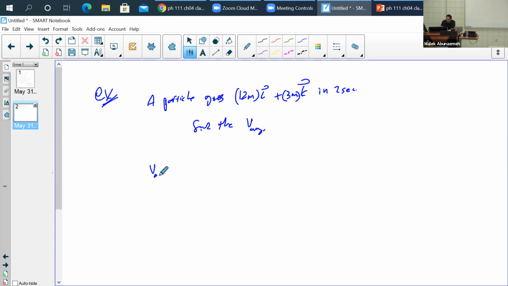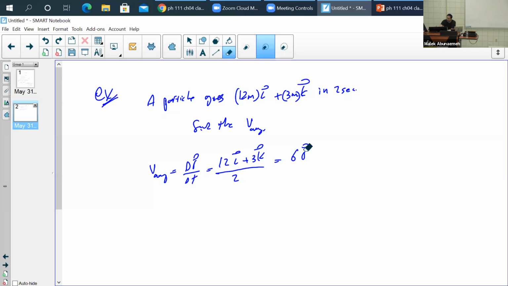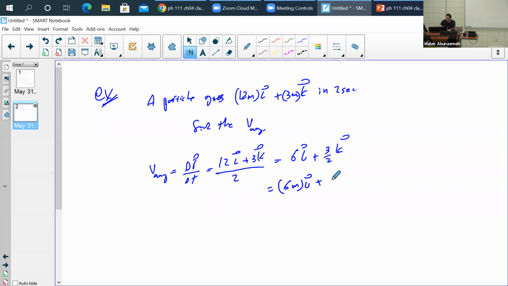That means your average velocity in this case is going to be your delta r over delta t, which in this case would be 12 in the i direction, 3 in the k direction, divided by 2. I'm skipping the units for now. That's 12 divided by 2, 6 meters in the i direction, plus 3 over 2, which is 1.5 in the k direction. So it's going to equal 6 meters in the i direction plus 1.5 meters in the k direction.